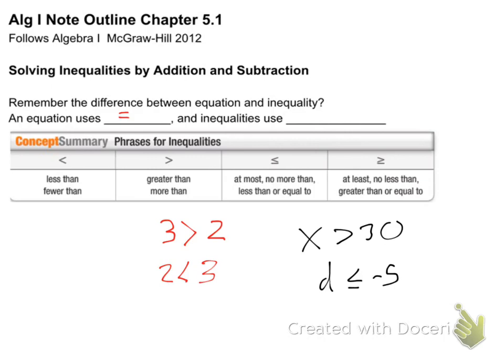No. Why? Because it has to be greater than. It's not equal to, and 30 is not greater than 30. Therefore, if you see less than or greater than, they are open dots on graphs. If you see something that says equal to, like d is less than or equal to negative 5, you can be at negative 5. So they use closed dots.